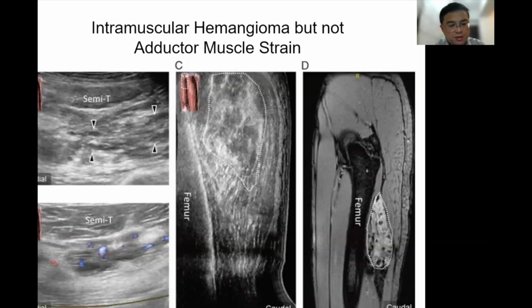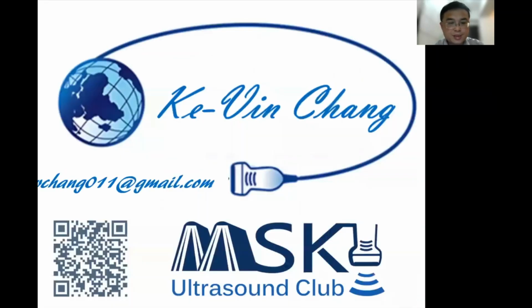If you turn on Doppler, you can find increased vascularity in this region. So this is not muscle strain, it's actually a hemangioma. So you have to be careful. Not all patients with medial hip pain have sprain or trauma of the adductor muscles.